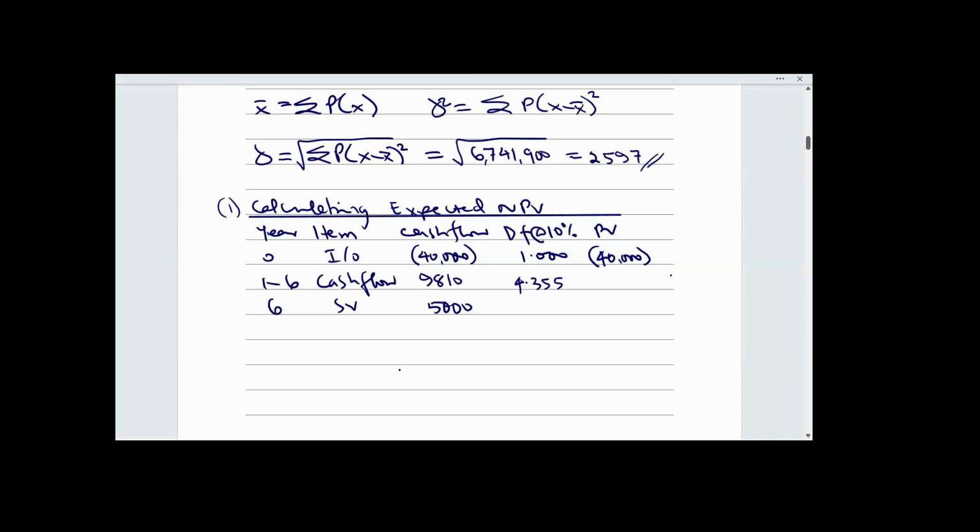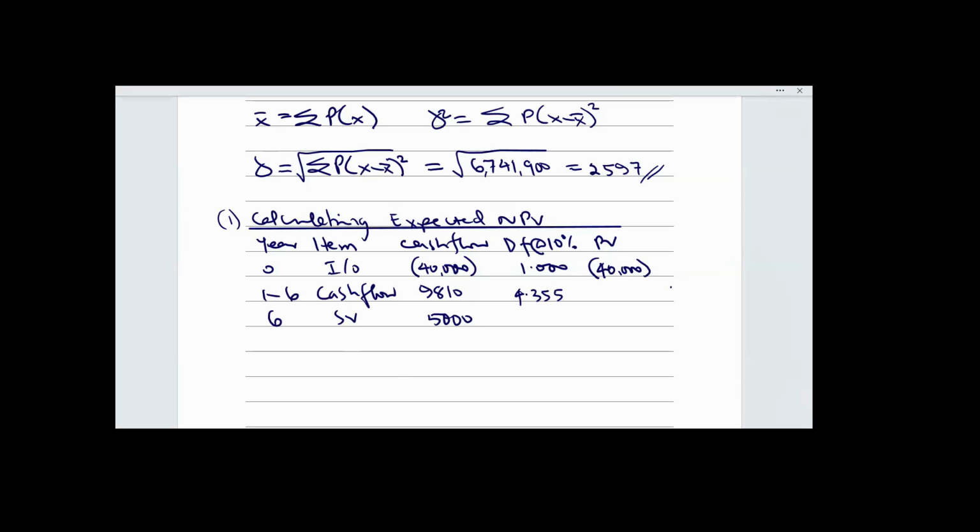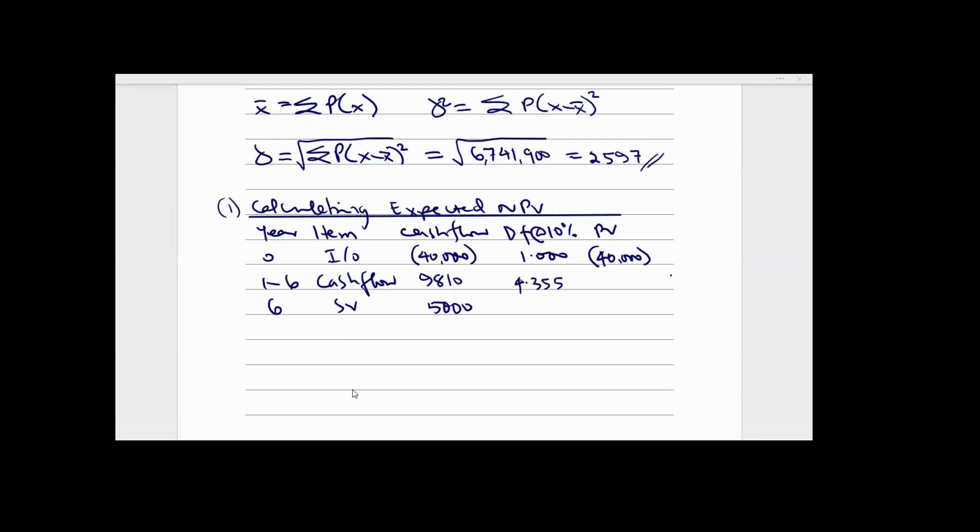Then the discount factor of year 6 at 10%: 1.1 raised to power minus 6 is 0.564.